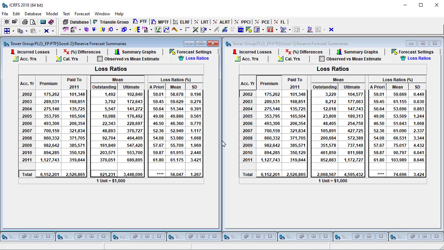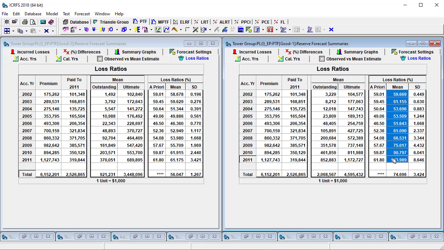Whereas on the right-hand side, where we're actually using that 11% trend that's growing faster than the earned premium, you can see that the loss ratios are actually getting significantly worse, especially in the last 3 accident years. So that results in Tower Group being under-reserved by about $1 billion, at least $1 billion, as of 2011. And as we know, Tower Group itself went under in 2013 when this was actually realized.